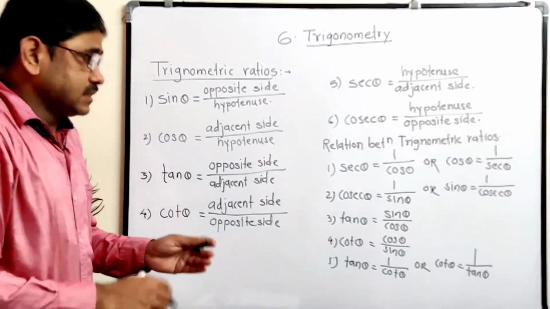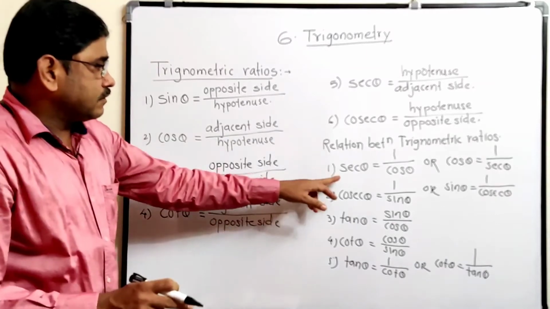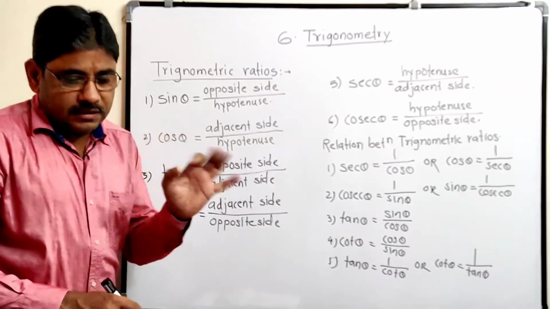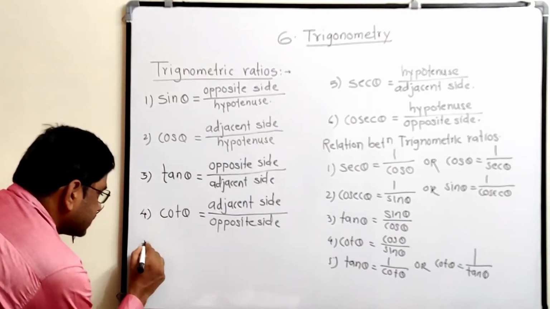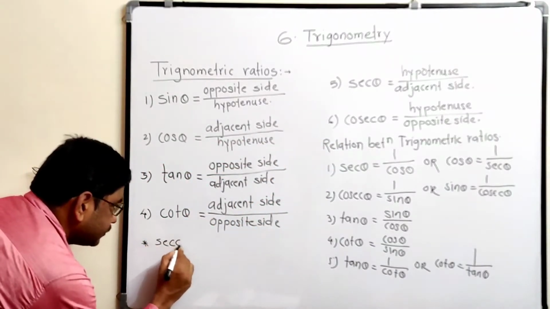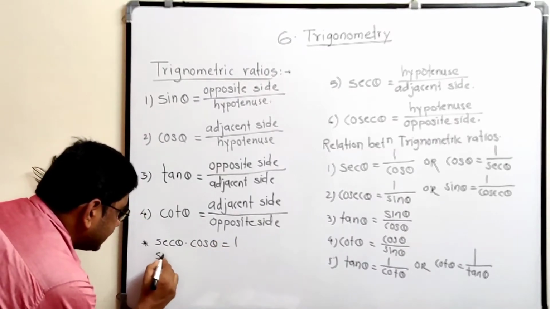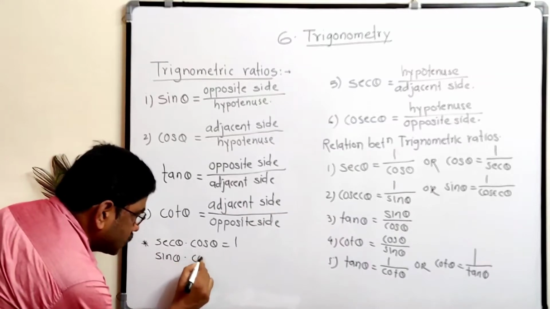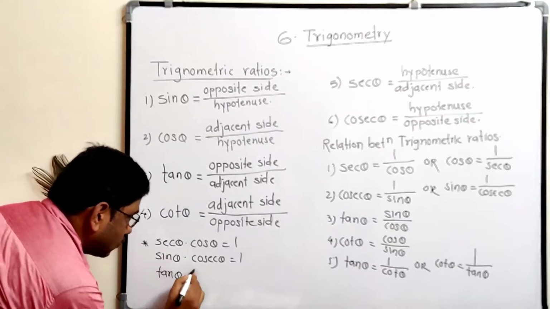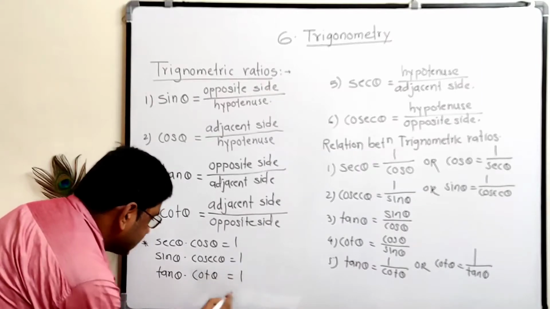So these are the basic formulas or relations between the trigonometric ratios. From these, we can write three relations again. First, sec theta is 1 upon cos theta, therefore sec theta into cos theta is equal to 1. Then sin theta into cosec theta, this product is 1, and tan theta into cot theta, this product is again 1.